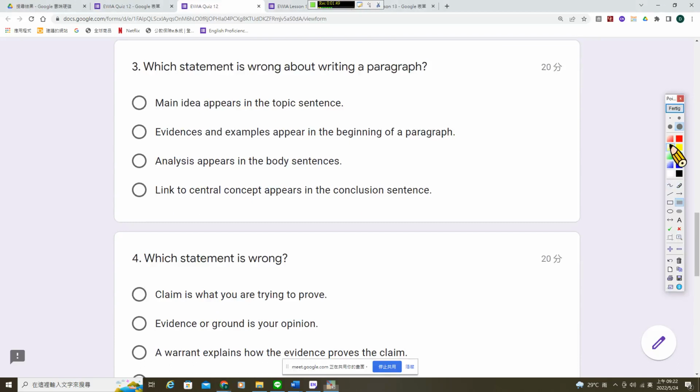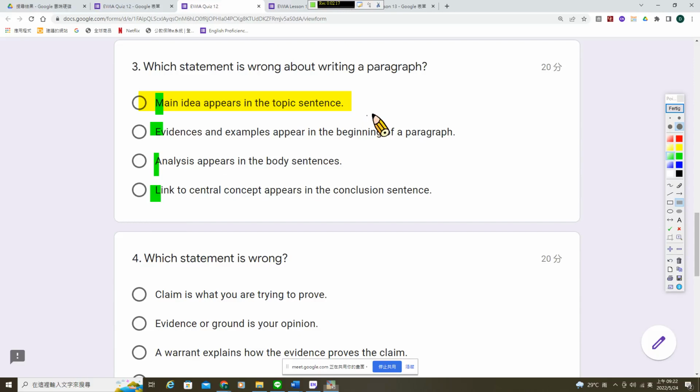So when we write up a paper, when we write a paragraph, which statement is wrong? Okay, first one: main idea appears in the topic sentence. It is true. So look here, we have MEAL, M-E-A-L. So main idea appears in the topic sentence.